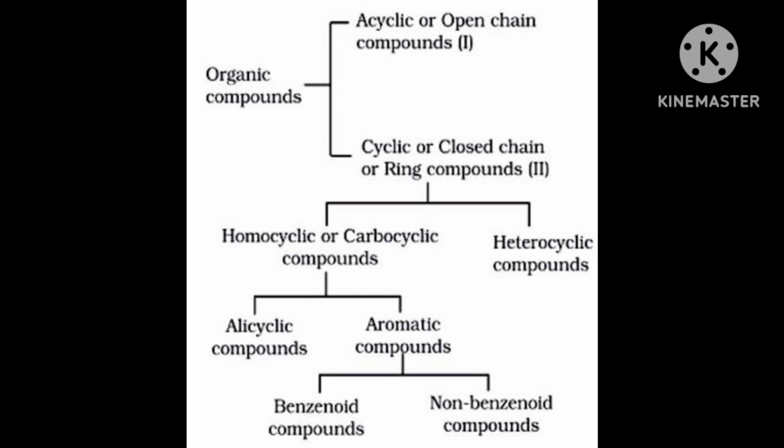Upside you can write C=O, and on the left side C, and again one bond is attached with oxygen, and another bond is attached with hydrogen: O and H one bond, and O and C another bond.